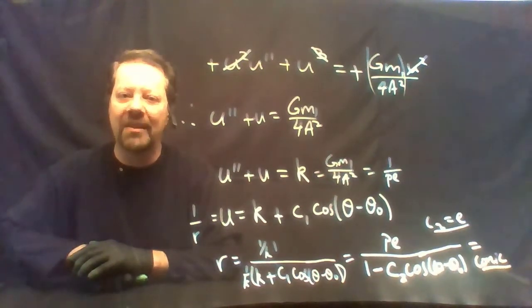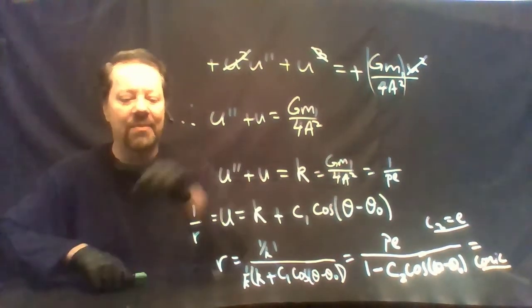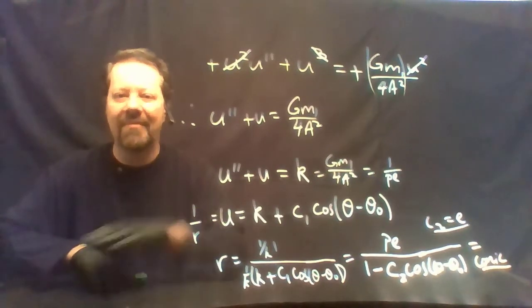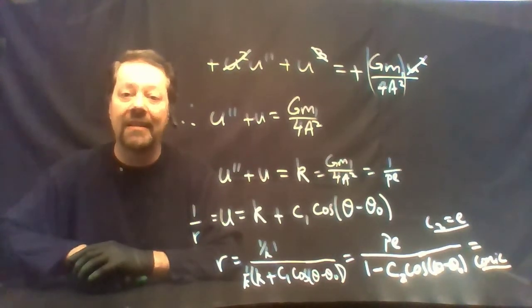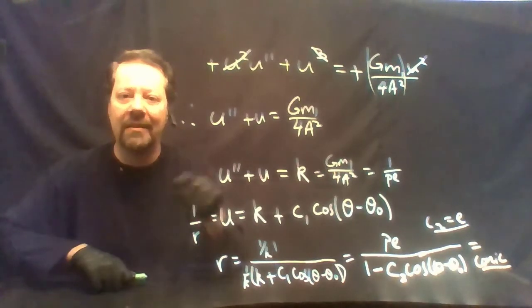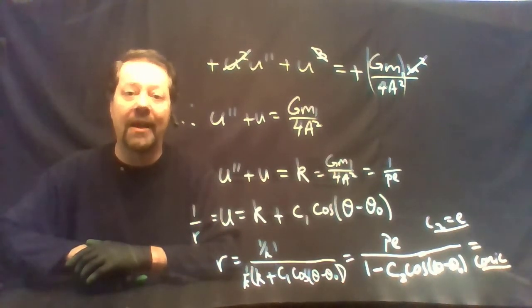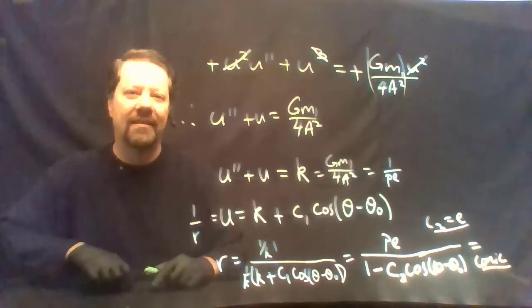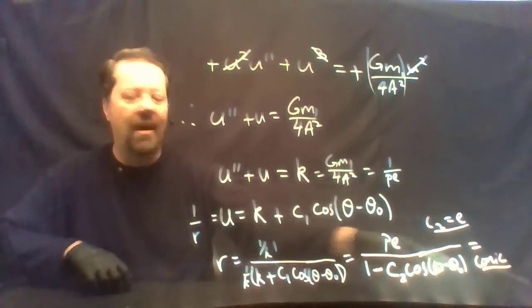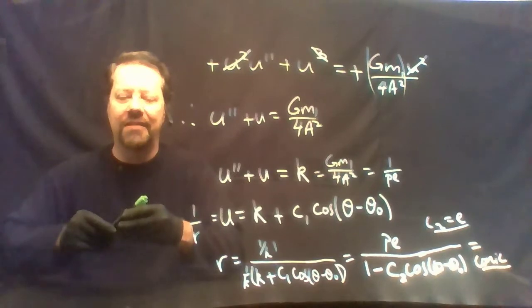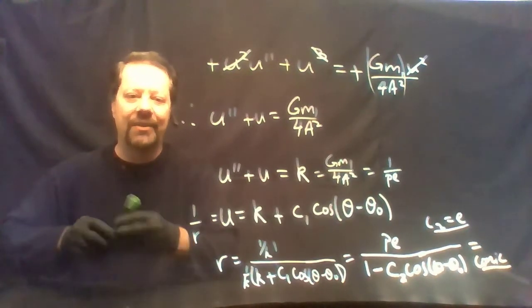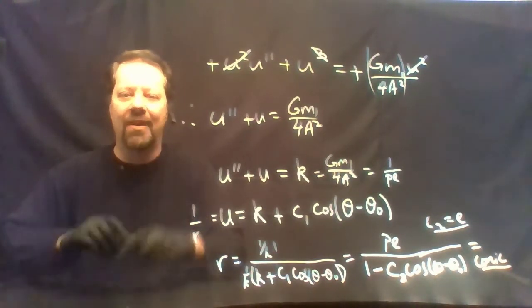If an object is moving lower than escape velocity, it must move in kind of an elliptical shape. If it reaches escape velocity, it will follow a parabola. And if it is moving at faster than escape velocity, it will follow a hyperbola. The effect of the theta naught here is a simple rotation of the conic. We can rotate the conic to any position we need for our coordinate system.